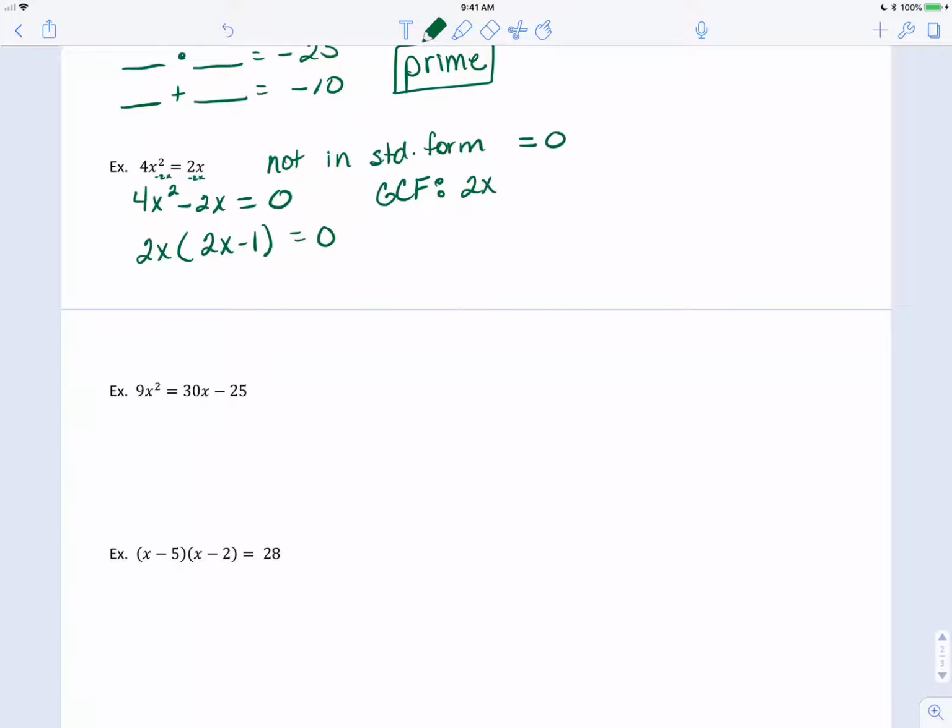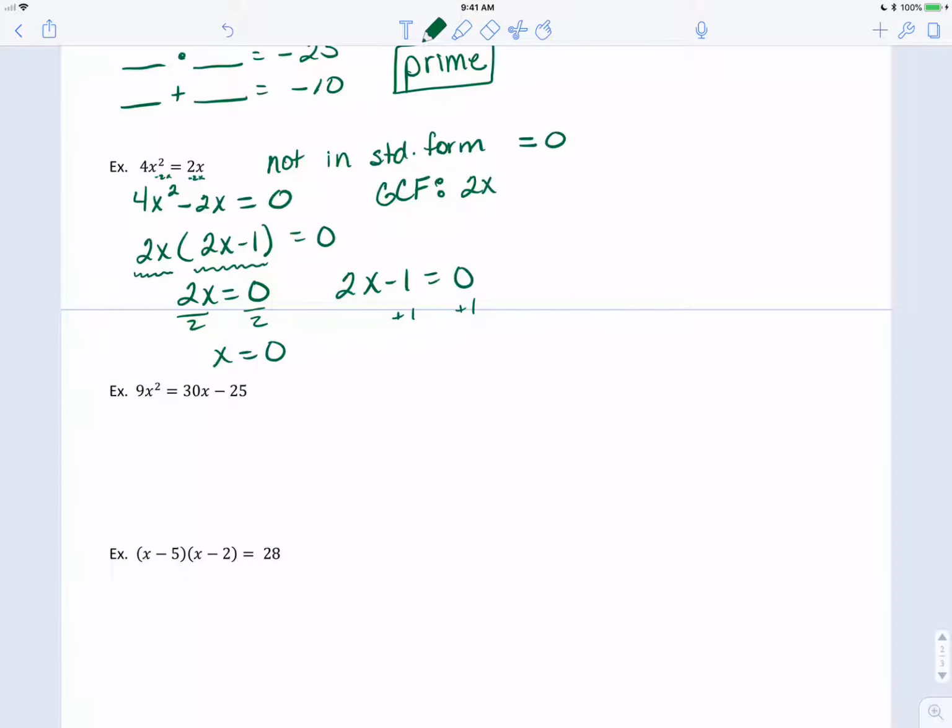Each one of these is a factor of this quadratic equation. So we're going to set each one of those equal to 0. So 2x is equal to 0, and 2x minus 1 is equal to 0. If I divide both sides by 2, x is equal to 0.